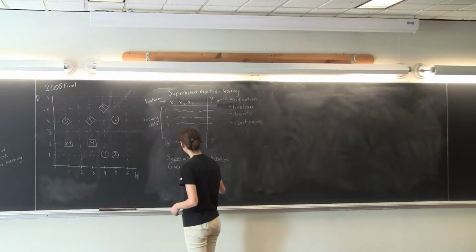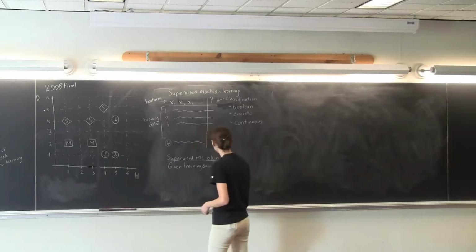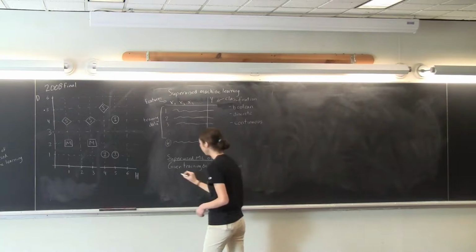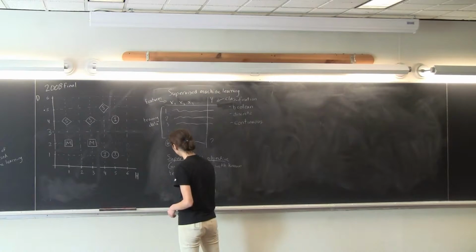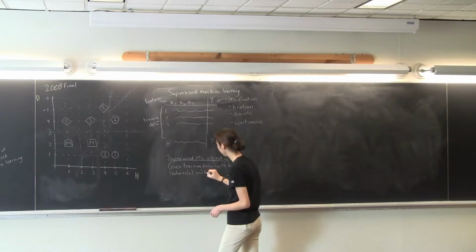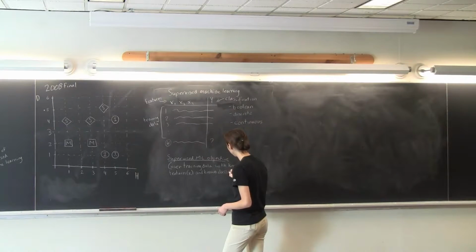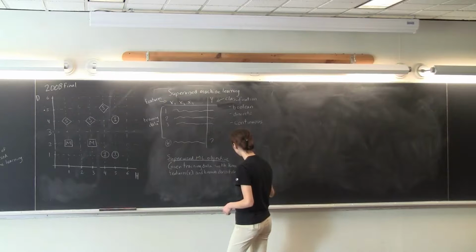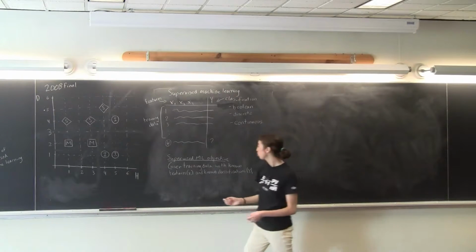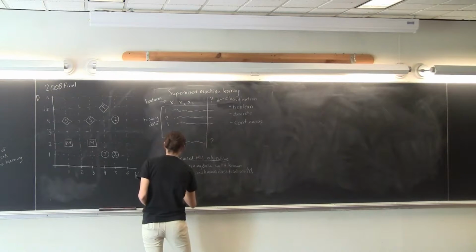Given some training data with known features, which are these x sub i, and known classifications, we're going to produce some rule for classifying new points.